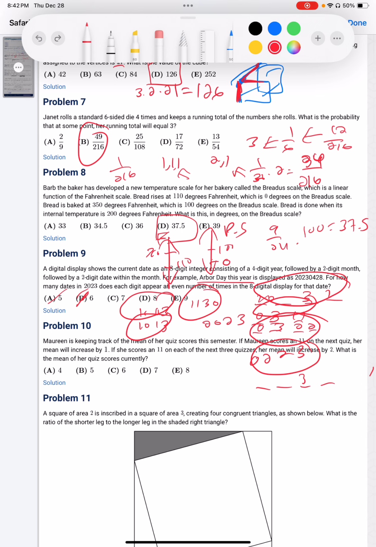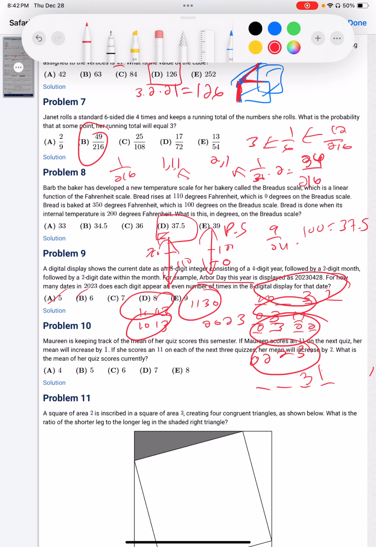Won't work once again. Okay, 3. Okay, so we can't go here, we already tried that. We could go here. Okay, so 3, 1. Only one that works. 3, 1.